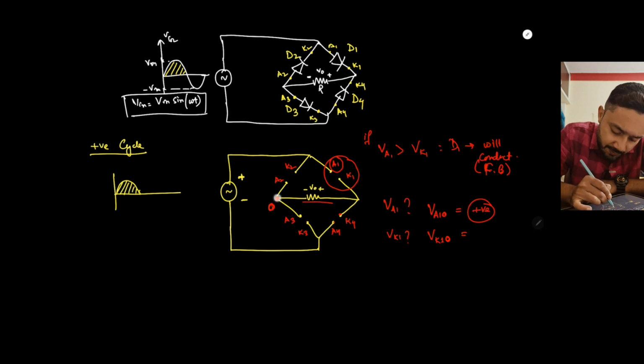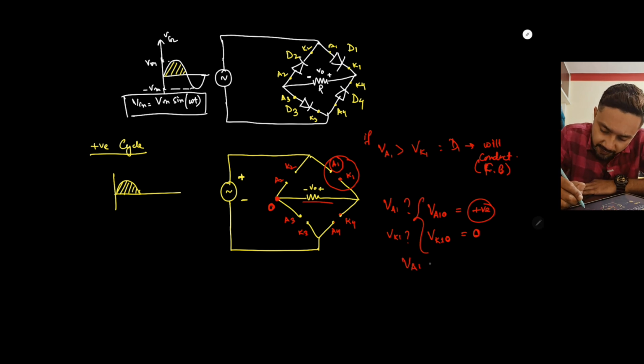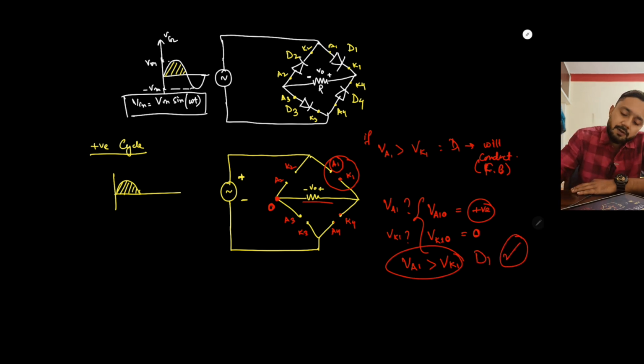So the reference and K1 are at the same potential because there is no current flowing. So VK1 with respect to the reference O will be 0. Here VA1 is greater than VK1, so diode D1 will conduct.